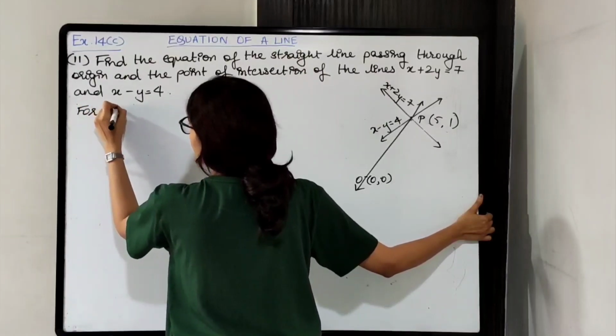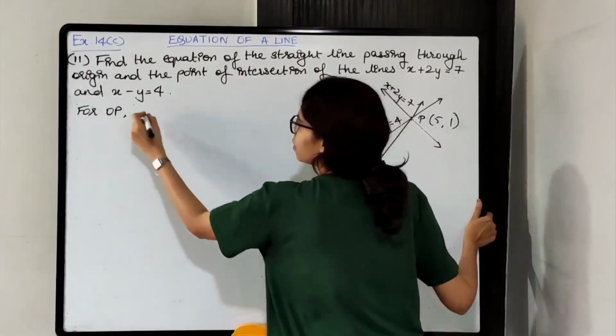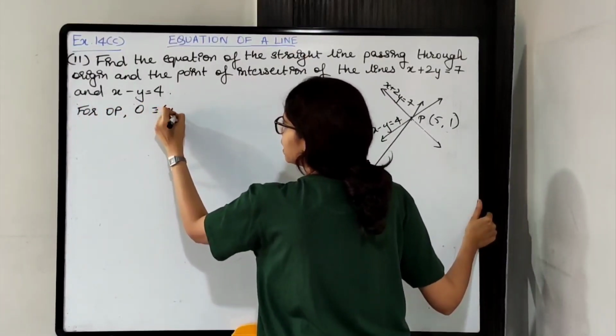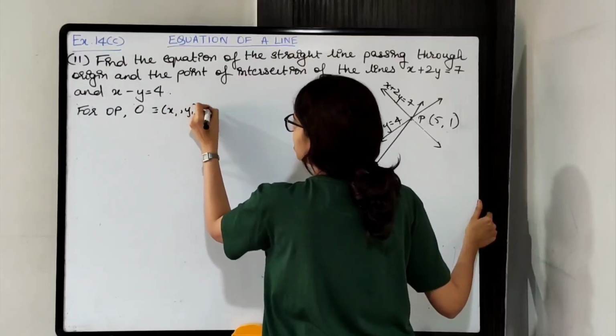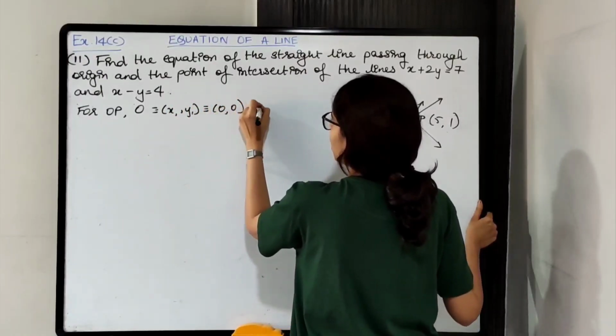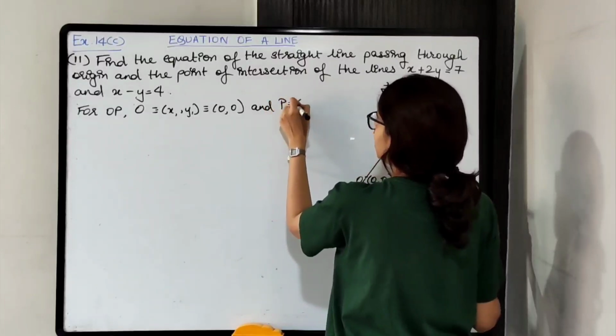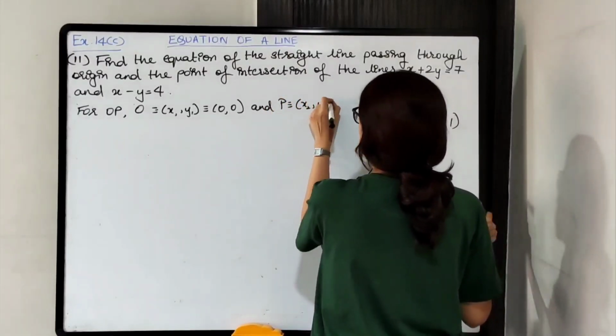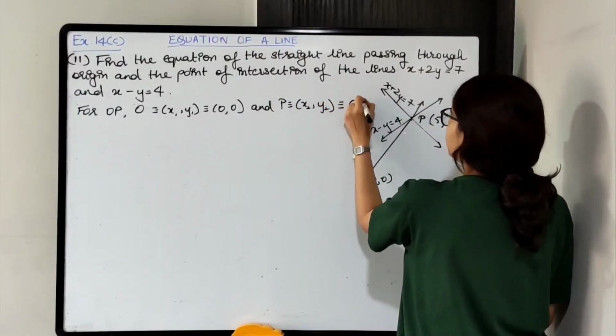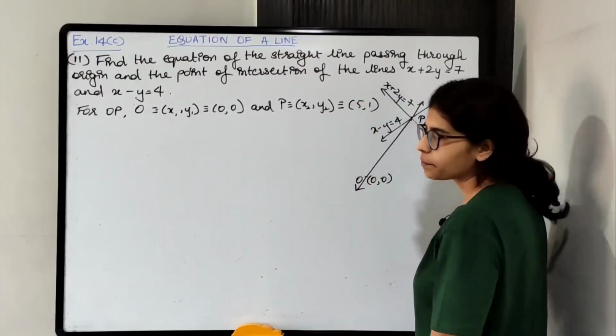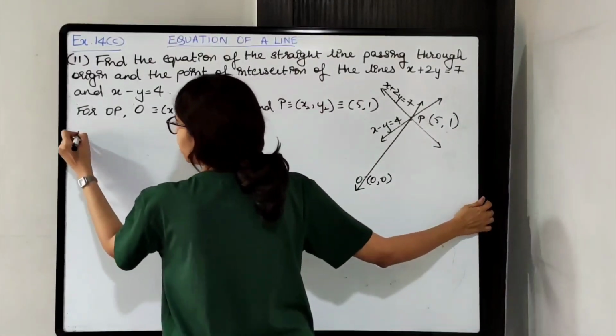So for OP, O is (x1, y1), that is 0, 0, and P is (x2, y2), that is 5, 1. Okay. First, find the slope.